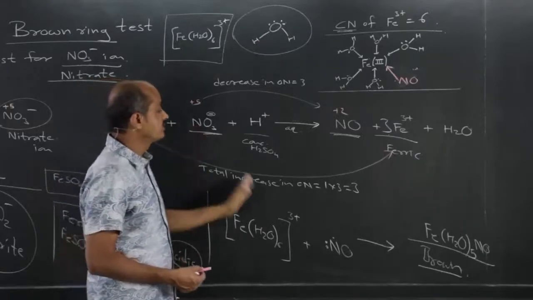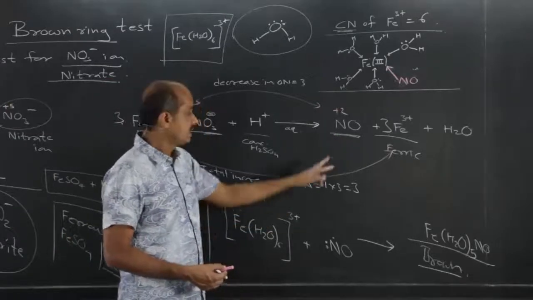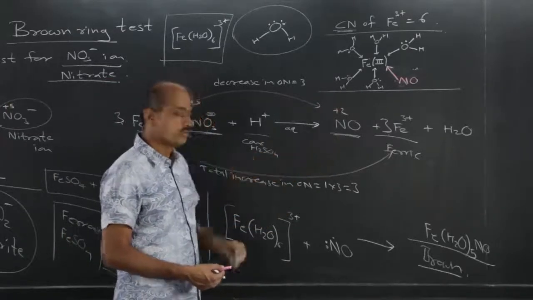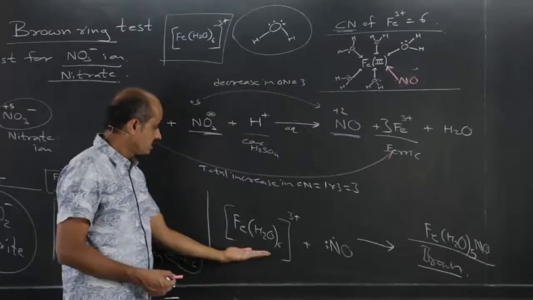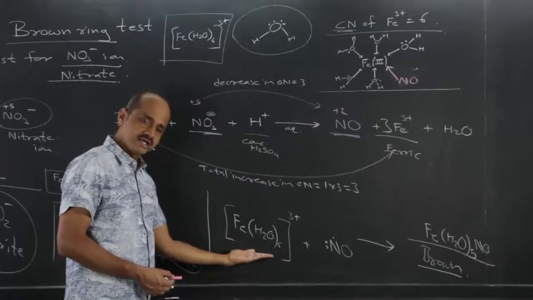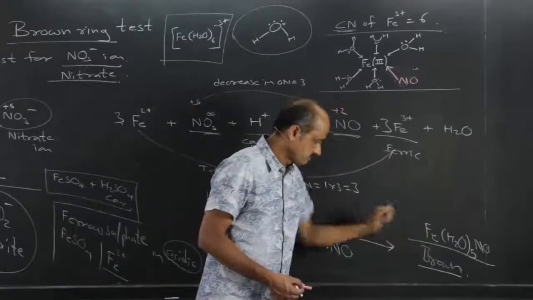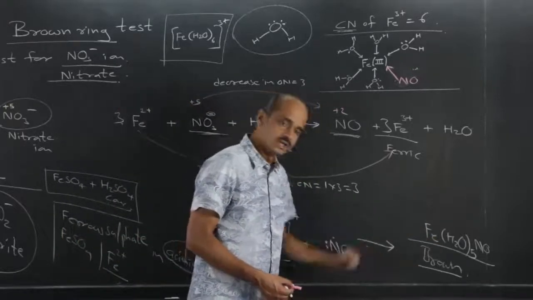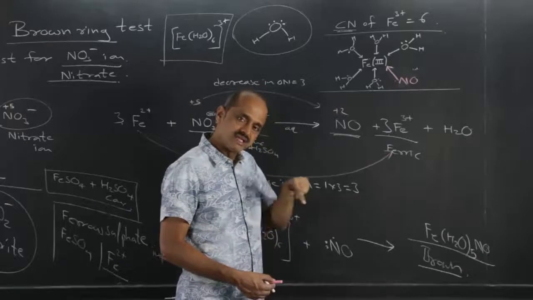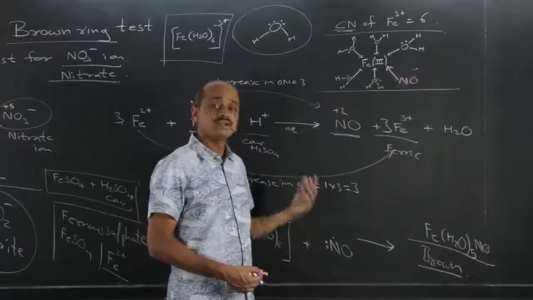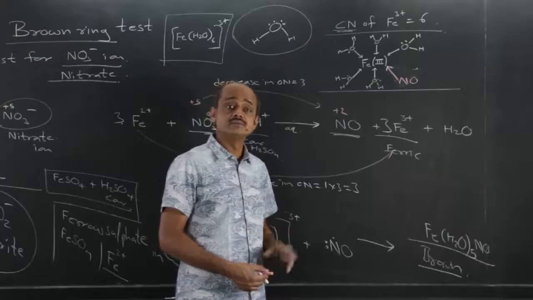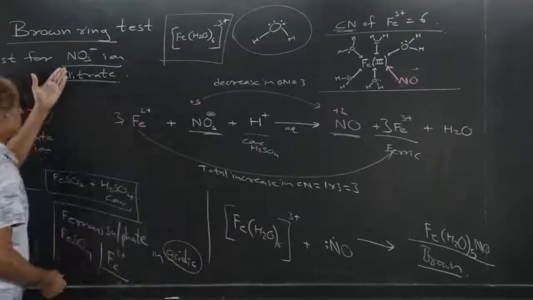Then and only then does NO formation take place in the first step, and this formed NO, which has a lone pair of electrons on nitrogen, converts the ferric complex into another complex, giving rise to brown color, and it forms a ring in the test tube. Therefore it is called the brown ring test. And this is a confirmatory test for the nitrate ion.